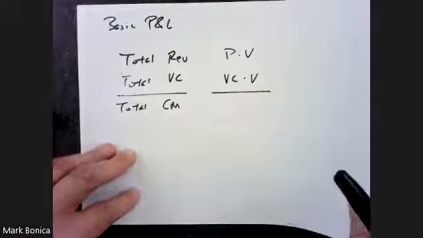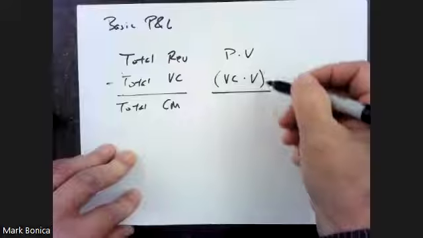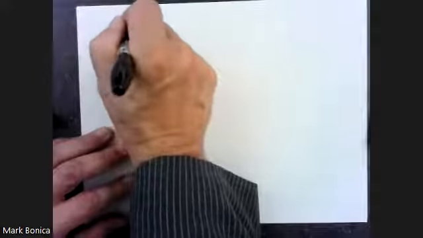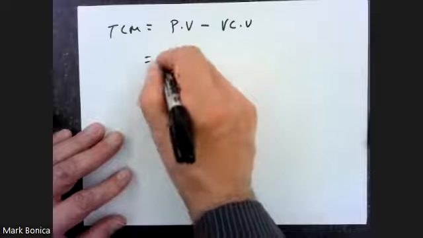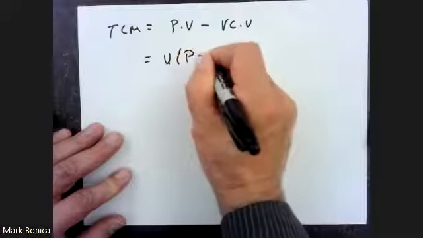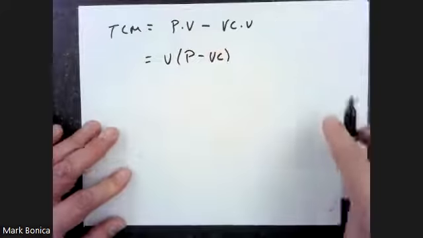Because this is price times volume minus variable cost times volume, if we say total contribution margin is equal to price times volume minus variable cost times volume, well, we can rearrange this a little bit, and we can pull V out, and it would just be P minus VC.